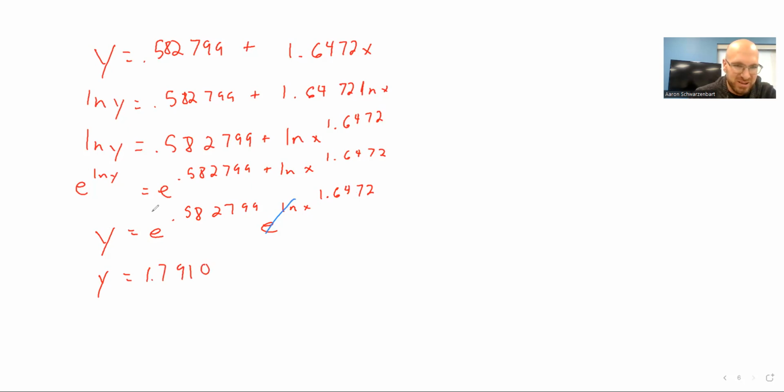Again, I'm just calculating this, and that's that. And this is my power law equation. y equals 1.7910 x to the power of 1.6472. That fits my data. And that is the end of 3.5.